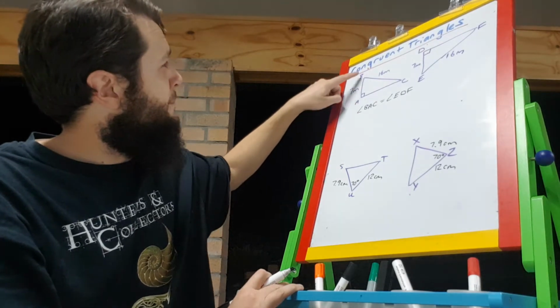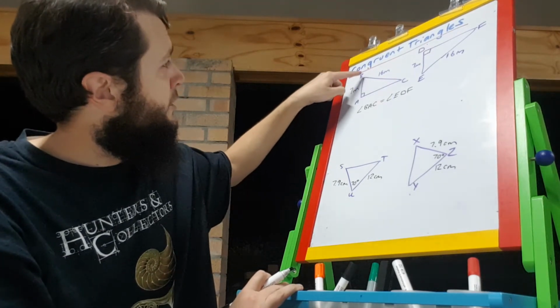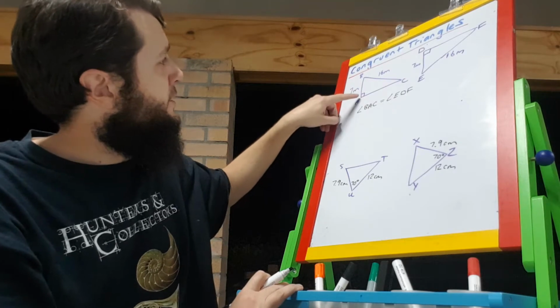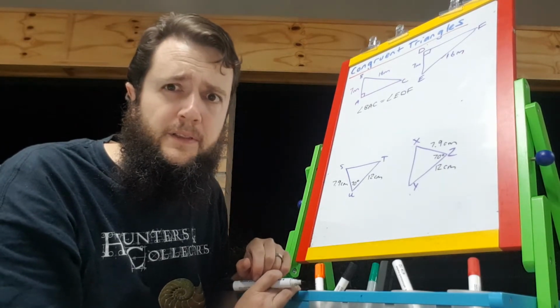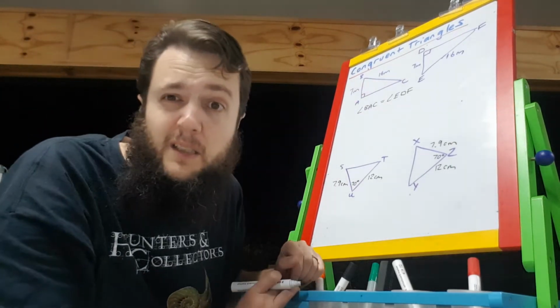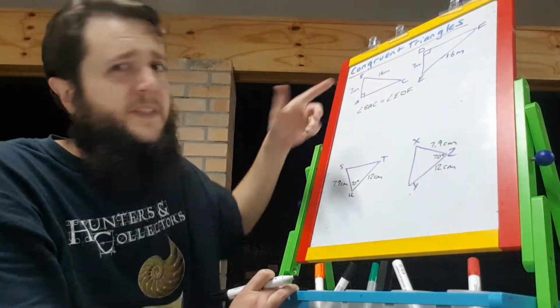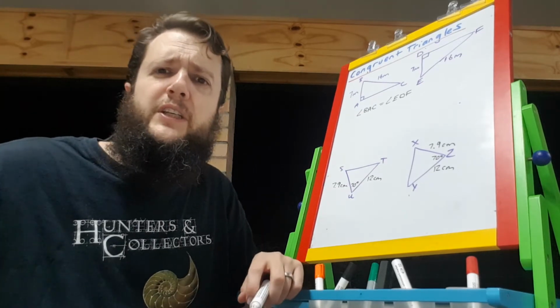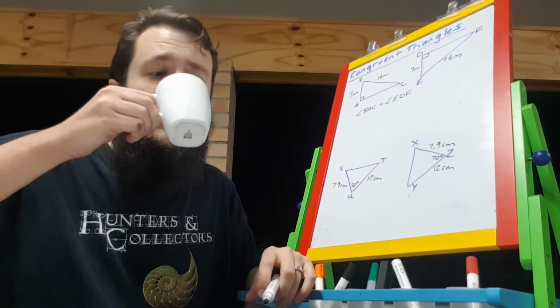If I read out BAC, think of drawing a line BAC, it can only describe that angle there, can't it? That's why I write it that way. I could have also written it CAB, technically. If you want to be really technical, I could have written it CAB as well, but I've chosen the earlier letter in the alphabet.